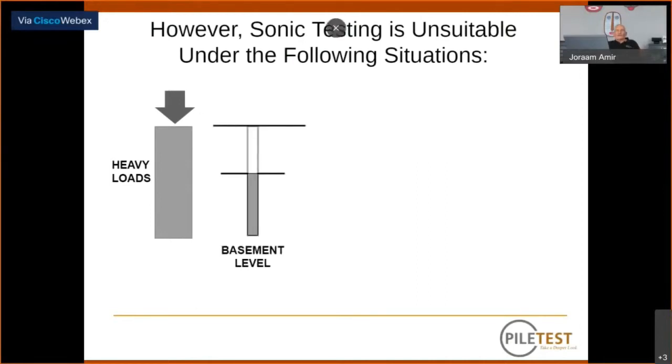Here is another example where you cannot use this method. Sometimes when you have to produce piles inside the urban area, the site is very small. You cannot move around very well with the drilling rig.